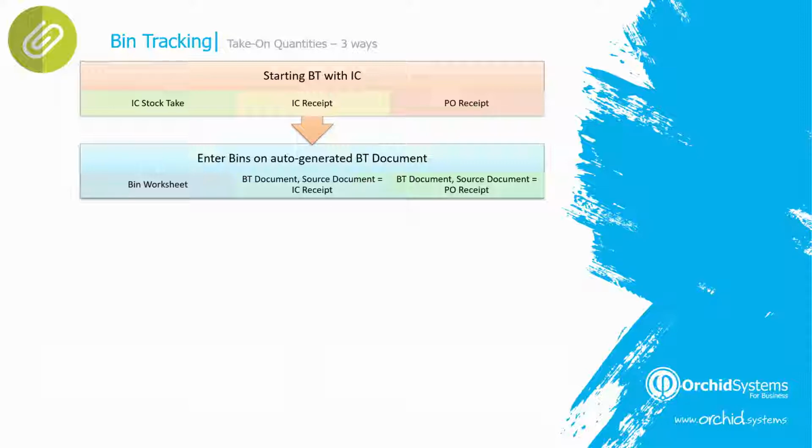Or you could do a PO receipt, and when you post the PO receipt, bin tracking will create the bin transfer document at the same time, and you can fill in the bins for the item quantities on the associated bin transfer document.